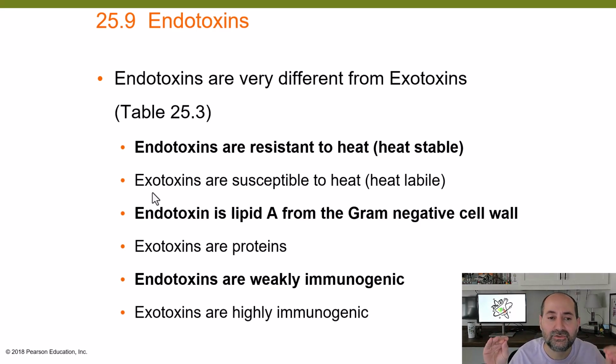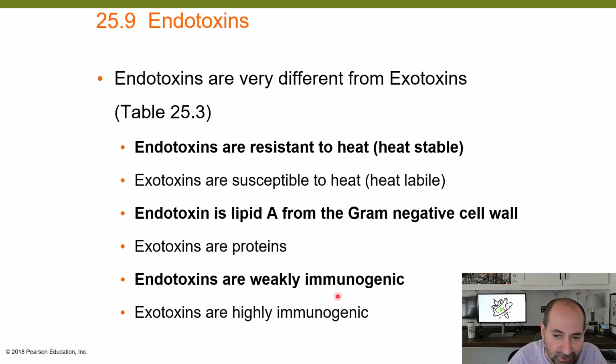So every exotoxin is produced by the exotoxin's gene, whereas endotoxin is simply the lipid portion of the LPS of the outer membrane. Endotoxin is lipid A from gram-negative cell walls, whereas exotoxins are proteins, and there are so many different exotoxins.